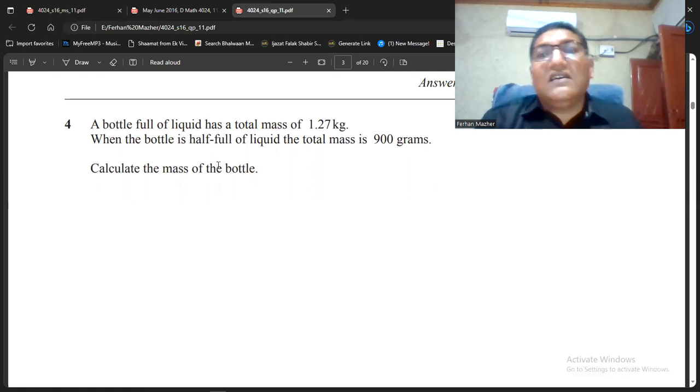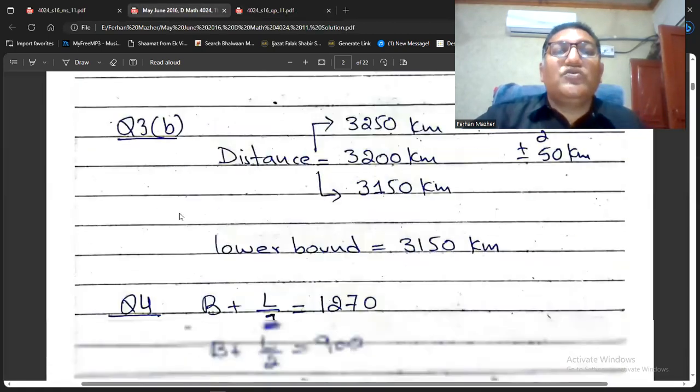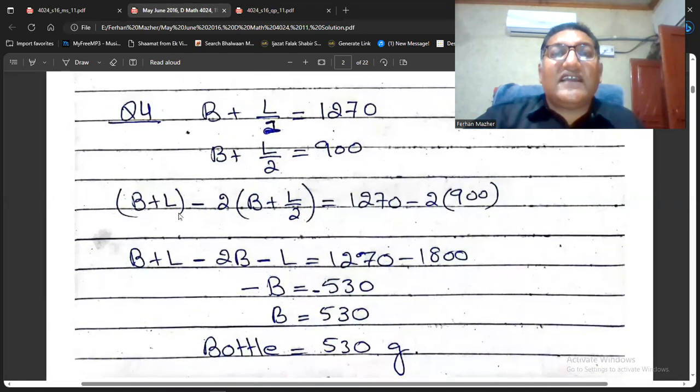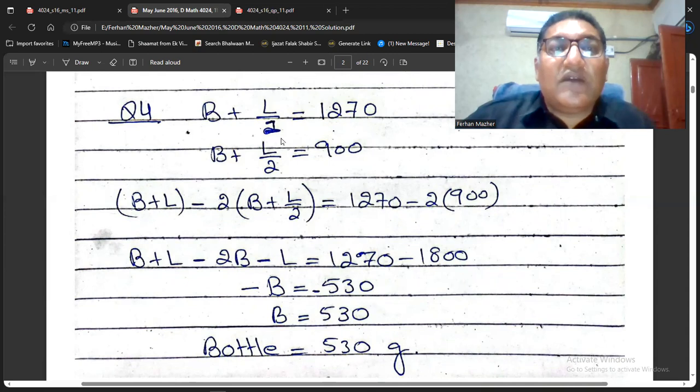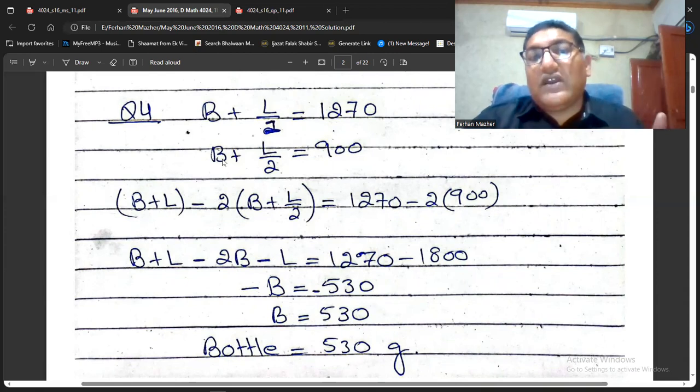It will be B. The liquid has become half, so its mass will become L by 2, and their sum will be 900 grams. In this way, you make two equations, and then you can solve them. So B plus L equals 1,270. Bottle plus the full liquid, then you have bottle plus half the liquid, that's 900 grams.